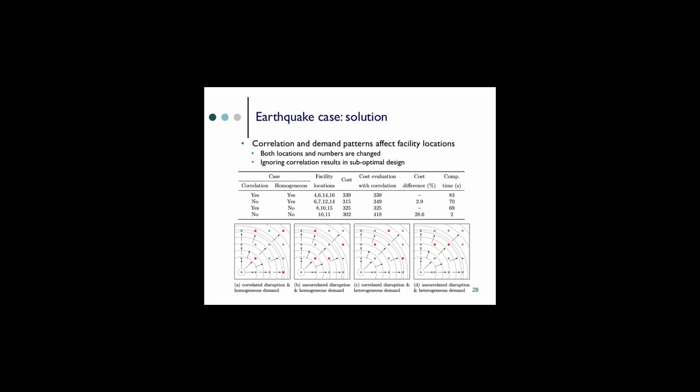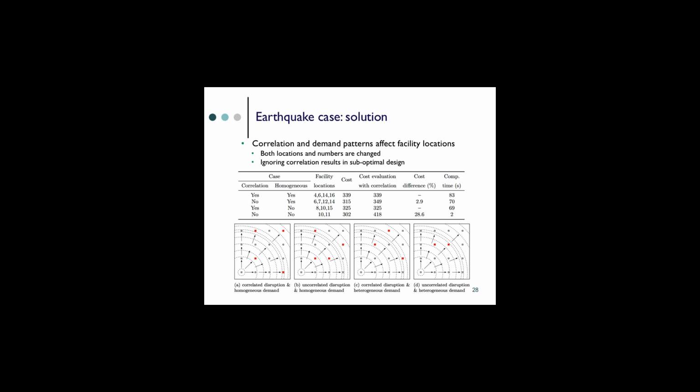Also, I want to mention that when we compare figure A and figure B, figure A is with correlation, figure B is without correlation. The facilities in figure A are more scattered to hedge against the correlation, because when there's correlation, these facilities might be disrupted simultaneously with a high probability.